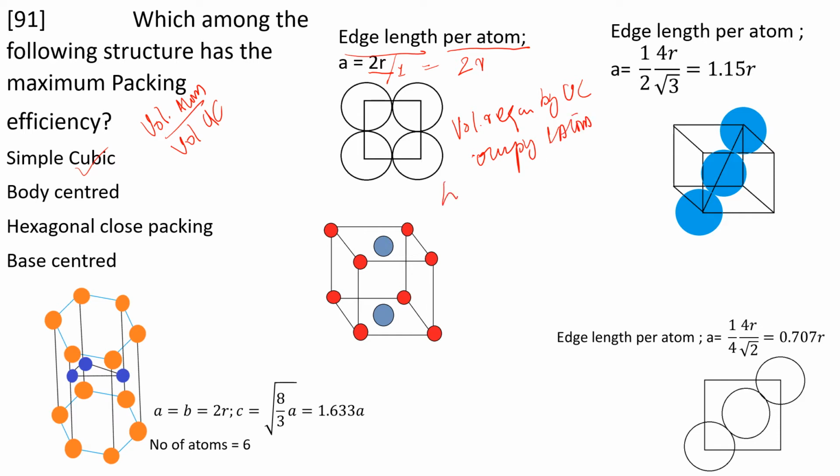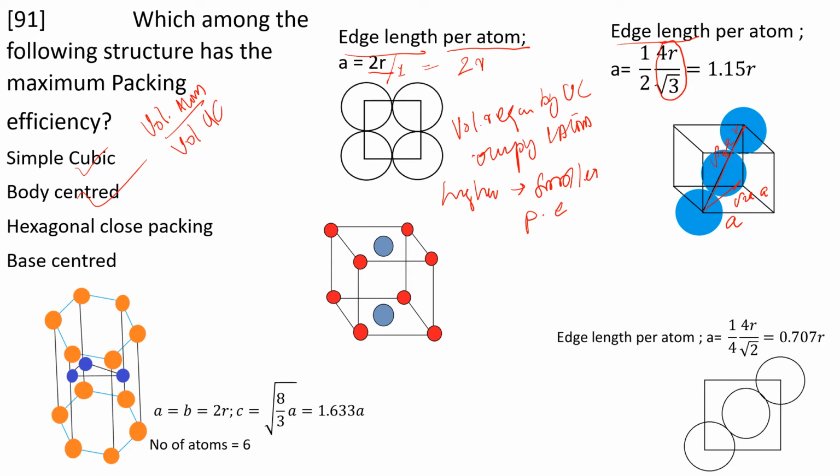So the higher the edge length per atom, the smaller will be the packing efficiency, inversely proportional. Now coming to the body centered, you have edge length equal to 4R by root 3. This is A, this is A, this would be root 2 times A, and this length would be root 3 times A. Pythagoras theorem.